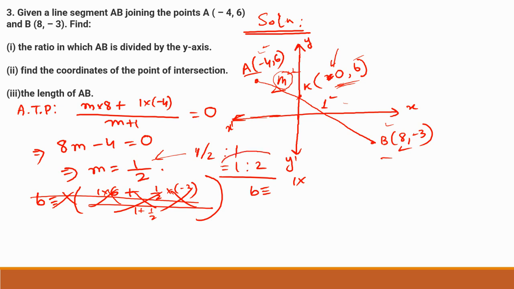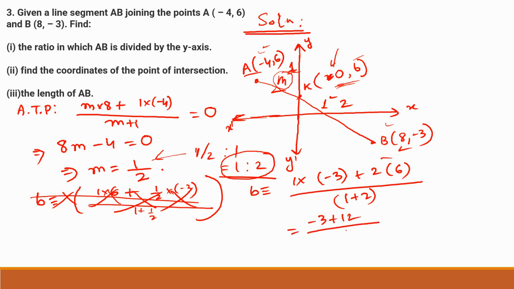Let's say you got the ratio 1 is to 2, right? Now what will be the value of b when AB is divided in 1 is to 2? It is 1 times minus 3 plus 2 times 6, divided by 1 plus 2. This gives us minus 3 plus 12 divided by 3. This is 9 by 3. This is 3.